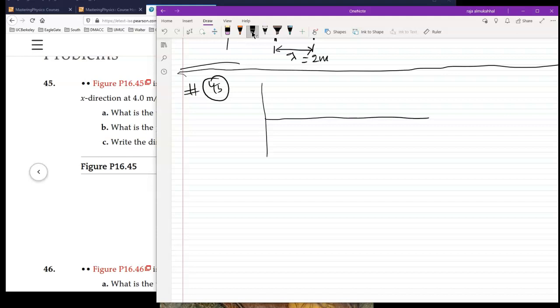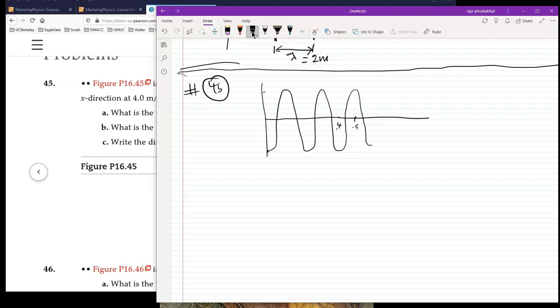And then the graph looks something like this. 1, 2, 3, 4, 5, 6, right there. And it looks something like that. Sorry, bear with me. I know this being slow like this is kind of boring watching me.